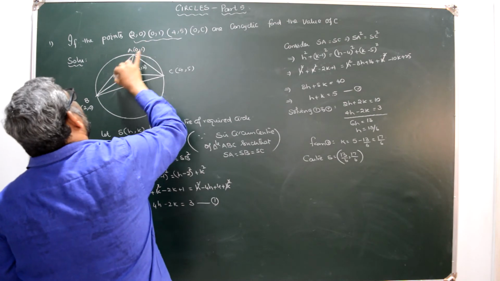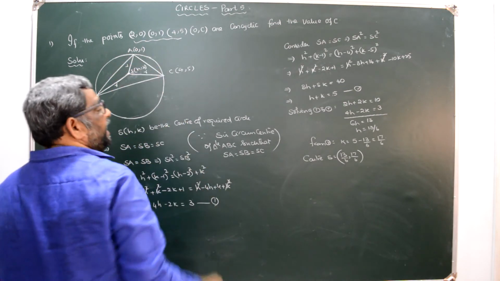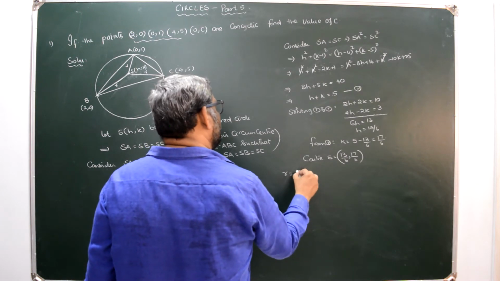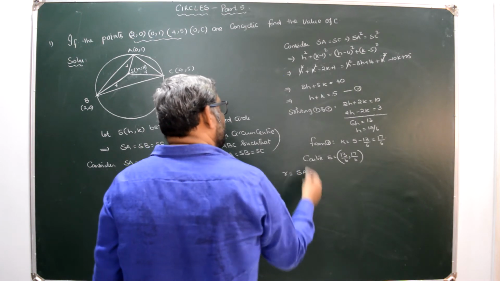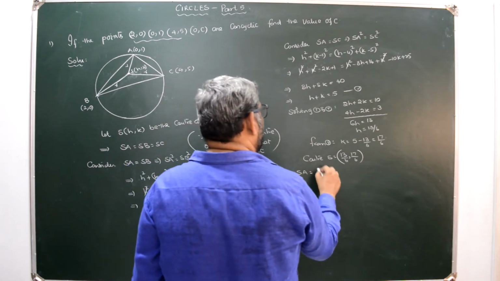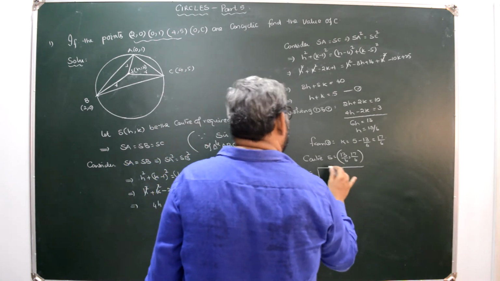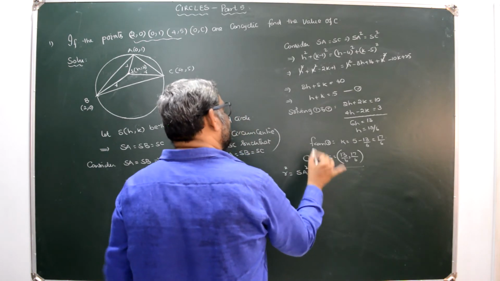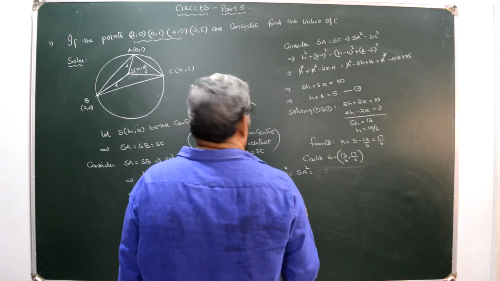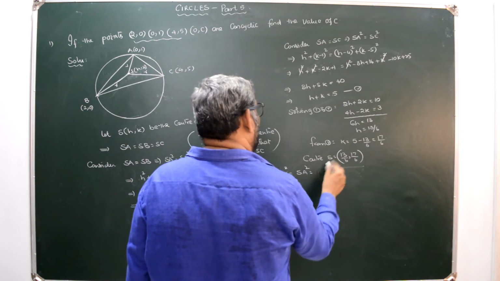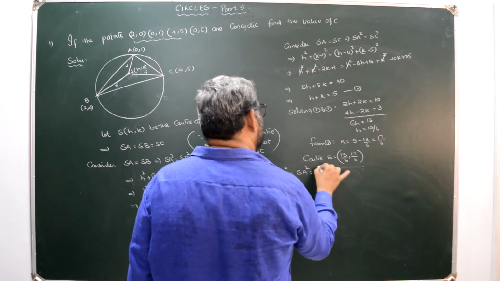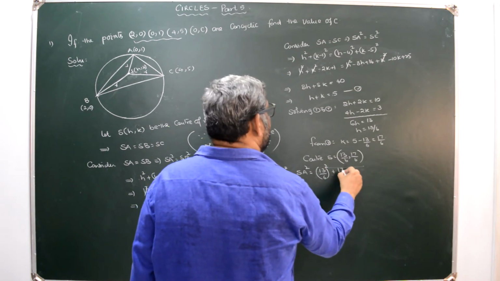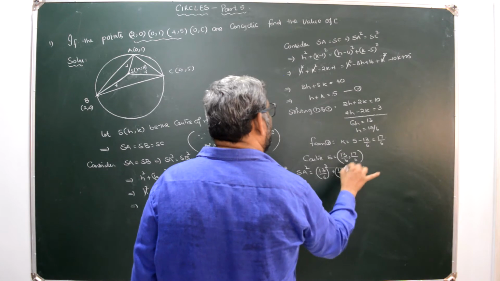Now SA or SB or SC can be taken as the radius. Radius R is equal to SA, which is the square root of, otherwise you can directly find out R square. SA square is equal to H square, so 13 by 6 whole square, plus (K minus 1) whole square, that is 17 by 6 minus 1 whole square.